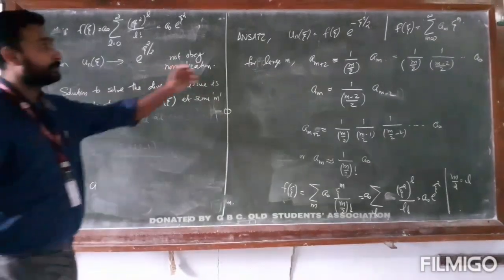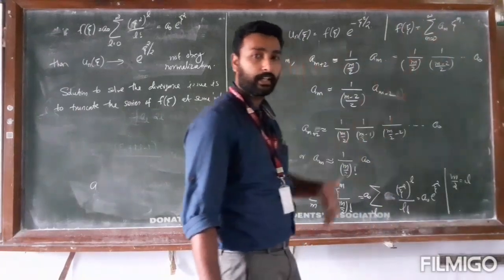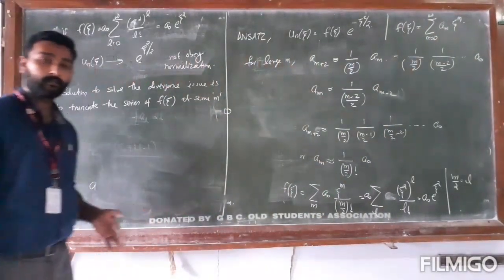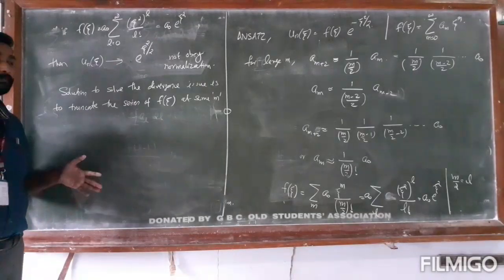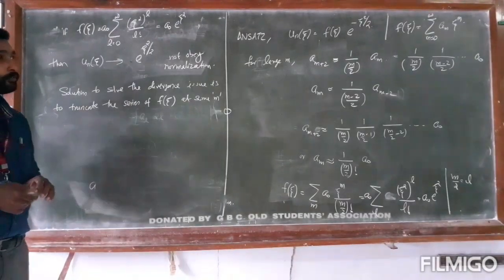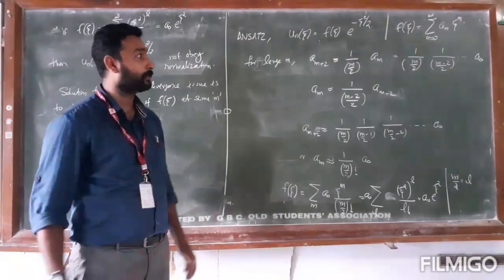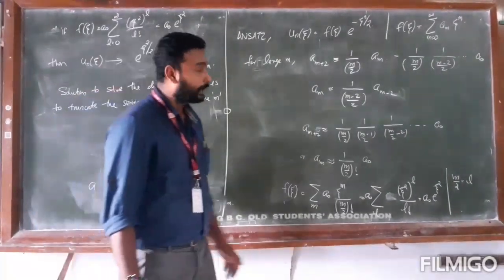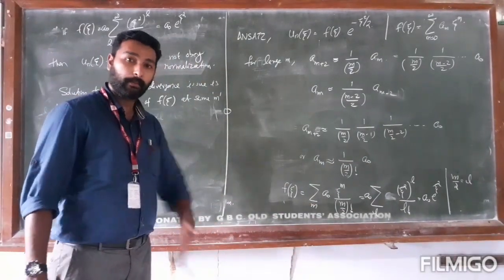Here the series runs from m equals 0, 1, 2, 3, 4. At some m, we'll stop it. Where to stop, we don't know, so we can have different possibilities. You can stop at m equals 0 itself, then you will have only one term, a constant term. We can stop at m equal to 1, m equal to 2, m equal to 3, etc.